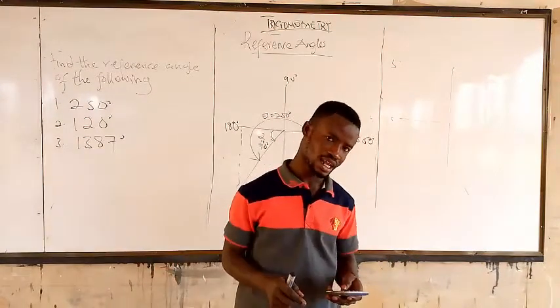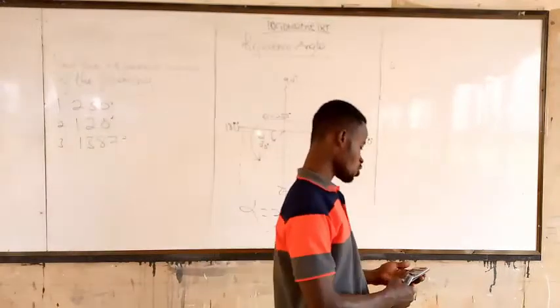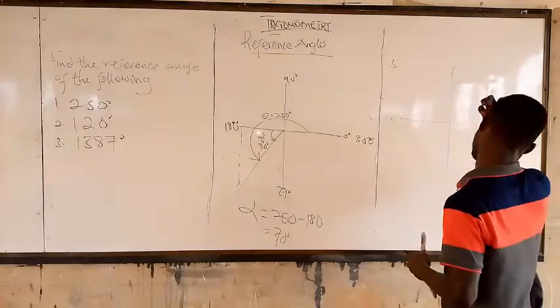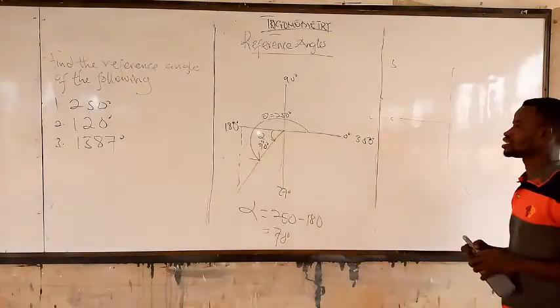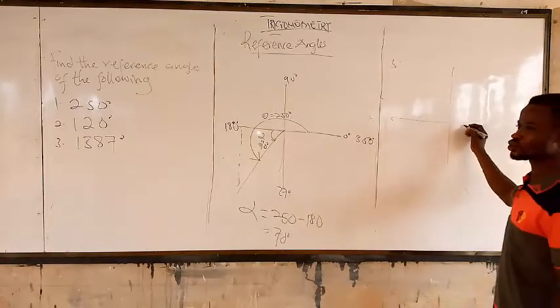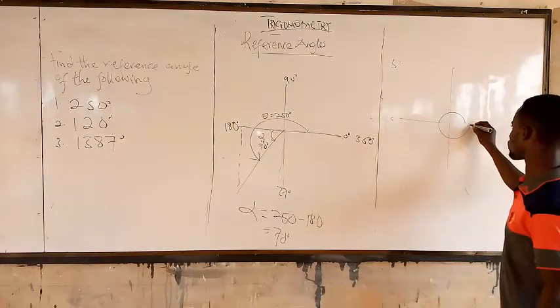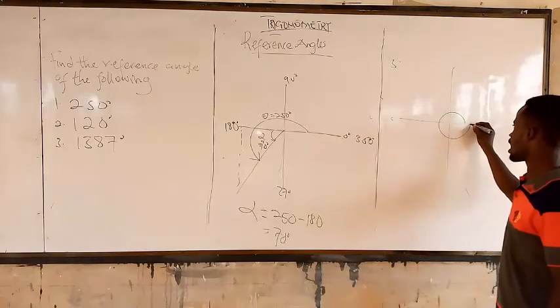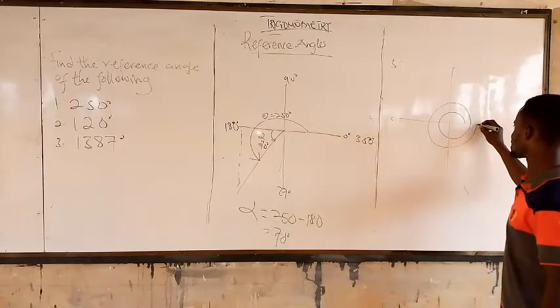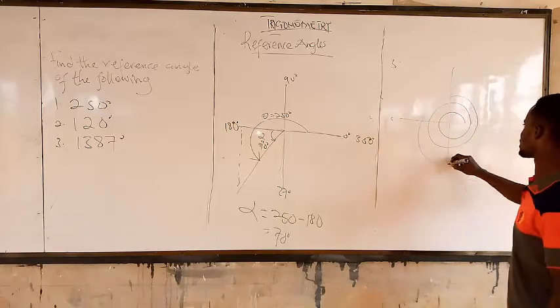Now, let's see. With 1387, you have to go about more than 2 or 3 revolutions, because one revolution gives what? 360. Another one, 360. Another one, 360.